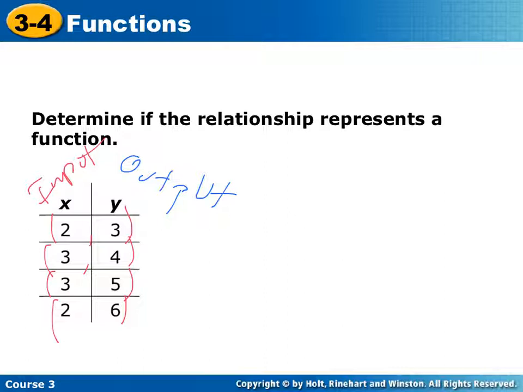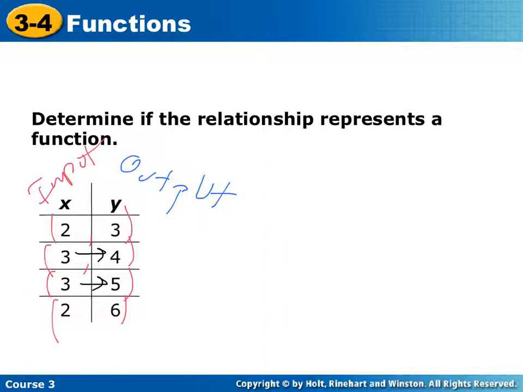Notice how my input has 2 outputs. Does everybody see that? We cannot have that. I will say that again. Our input cannot have 2 outputs. If I plug something into a function, it will always come out the same number.